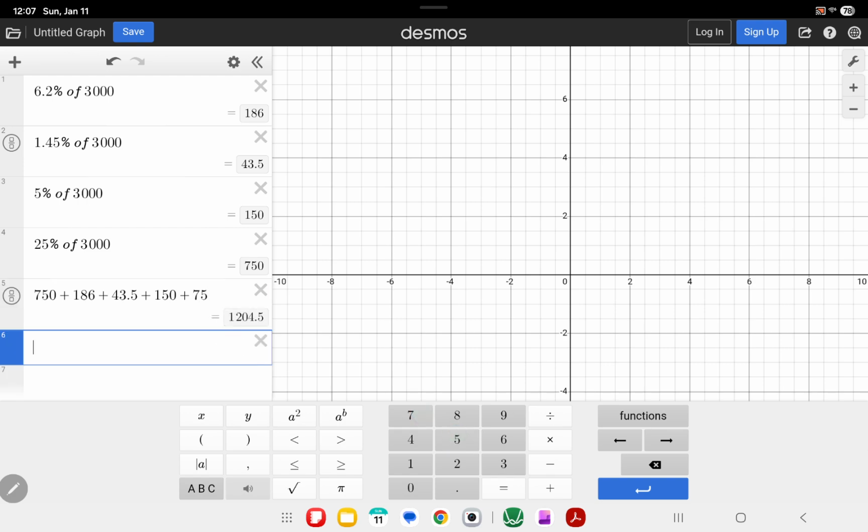So they're going to deduct from that person's pay $1,204.50. So you take $3,000 and subtract from it $1,204.50. So that person gets to take home $1,795.50.